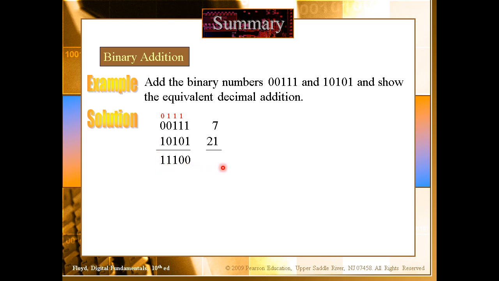Now if you try to convert it, you know how to convert from decimal to binary to decimal. If you convert it, you will see this is equivalent to 28, which is correct, right? We converted all of those just to show you that you are doing the addition exactly as you do it in decimal. You don't have to do the decimal addition when you are working on your quizzes, okay?